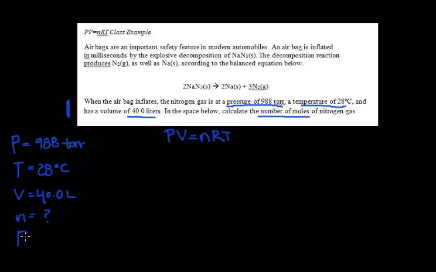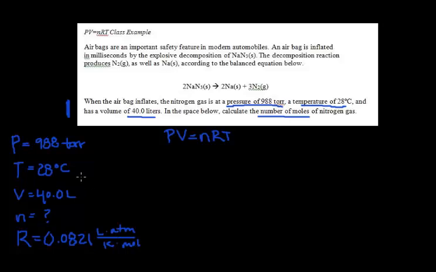And R, as we wrote down before, is always the same. It's always that first number that's next to R. It's 0.0821. And so that's the number we're going to use there. The last thing that we have to think about before we plug it into this equation is we just spent some time thinking, okay, the units for R are liters, ATM, over Kelvin, moles.